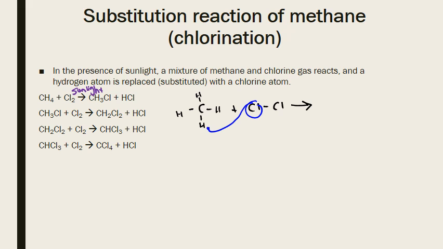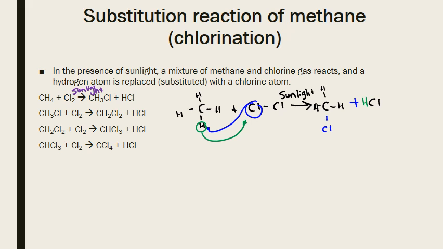The Cl would be substituted for this H. So effectively we'll have CH3Cl plus HCl. Remember, this is done in the presence of sunlight.